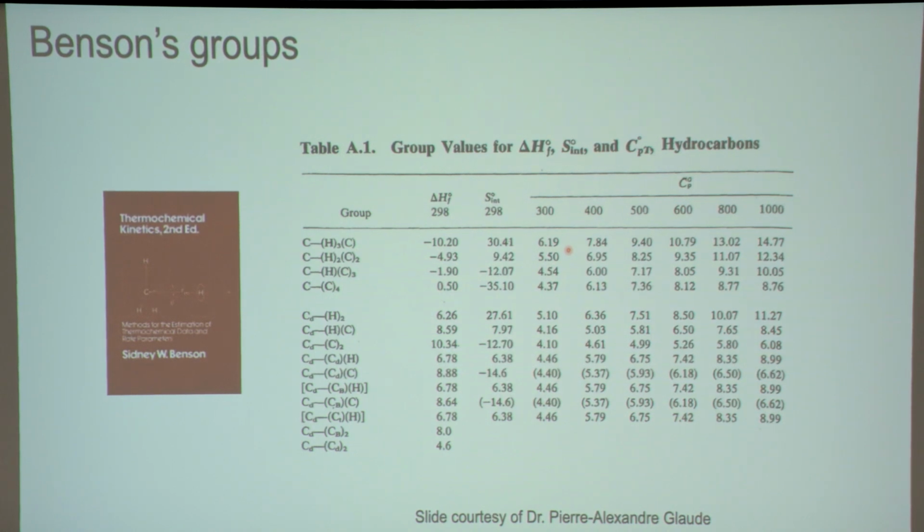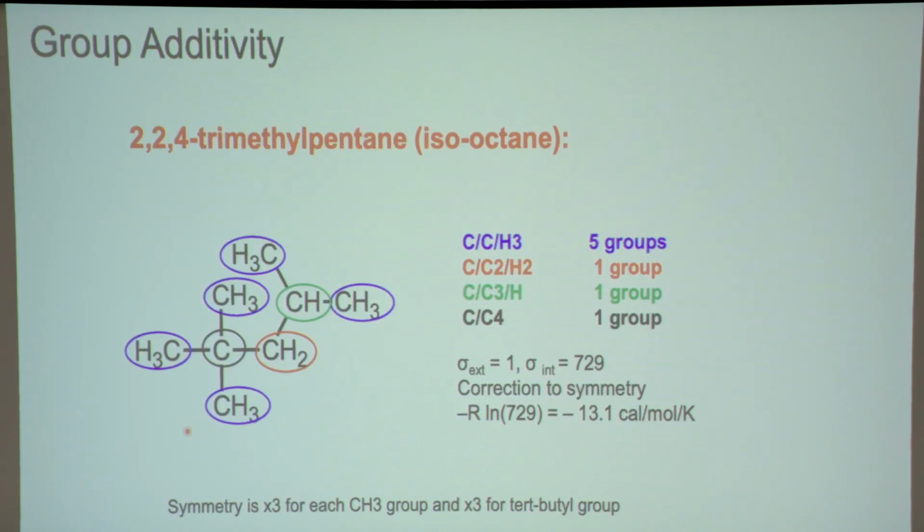And when Benson made his book, this is a very nice book, Thermochemical Kinetics, he documented these tables. Now we have these tables inside of a code. Okay, so let's look at one example for a complex molecule. You have isooctane, yeah, 2,2,4 trimethylpentane.